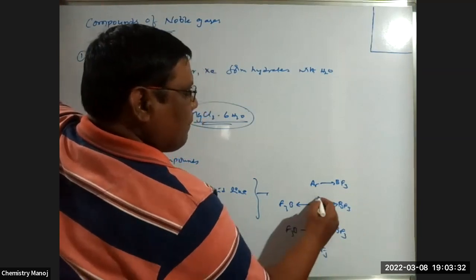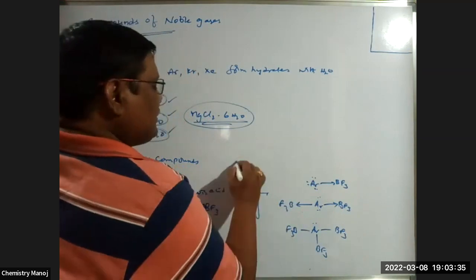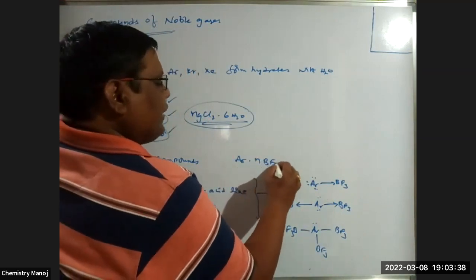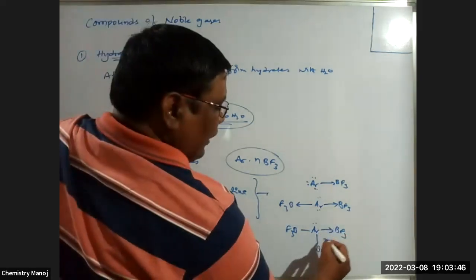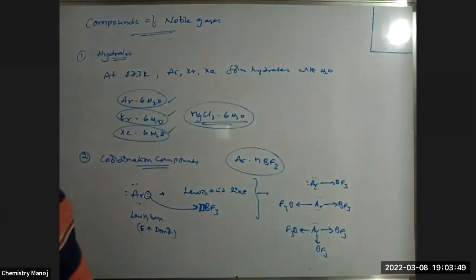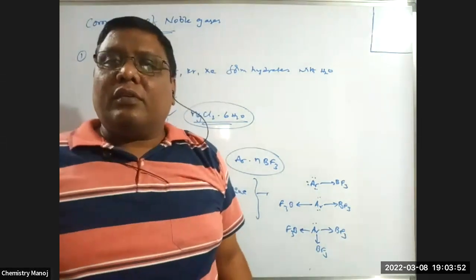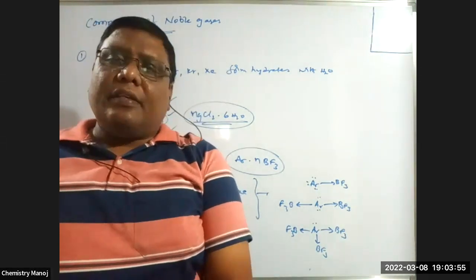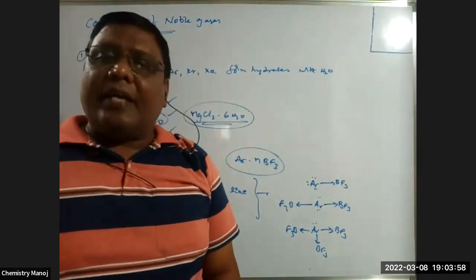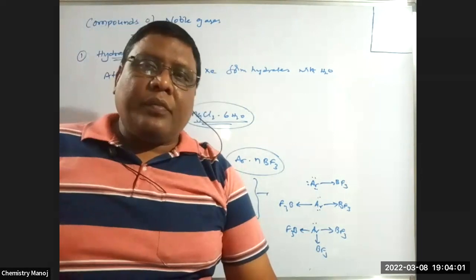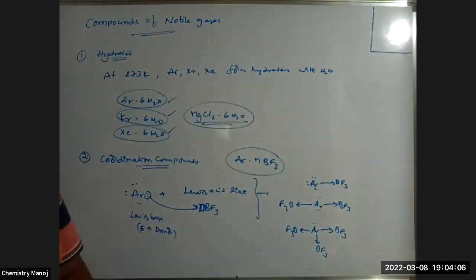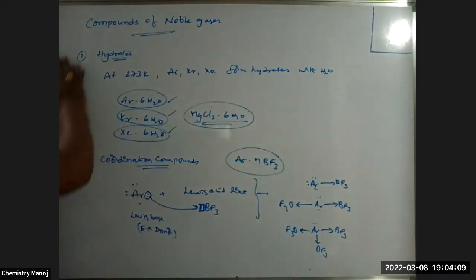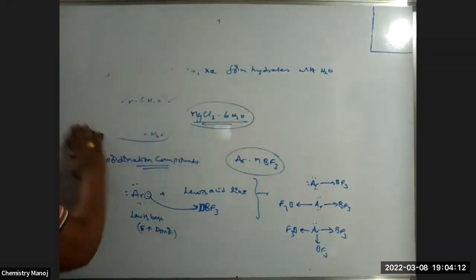That means argon forms Ar·nBF3 type complex compounds, with a coordinate covalent bond from argon to boron. In these cases the noble gas behaves like a Lewis base. These are just physical treatments, but chemical reactions also occur. So now, chemical compounds.